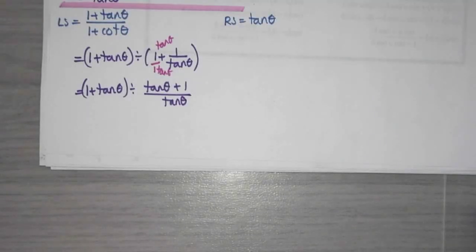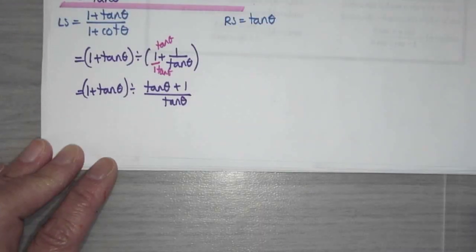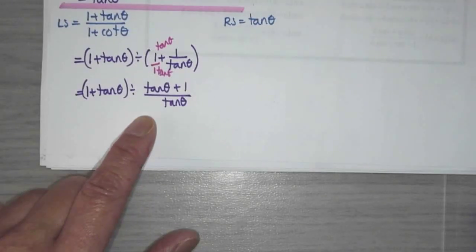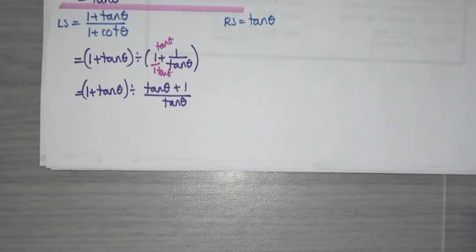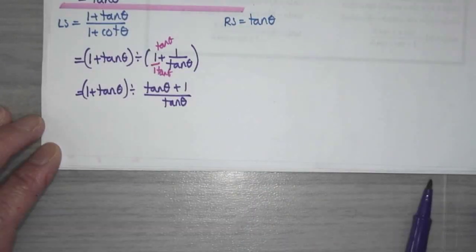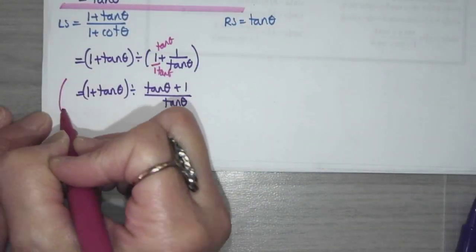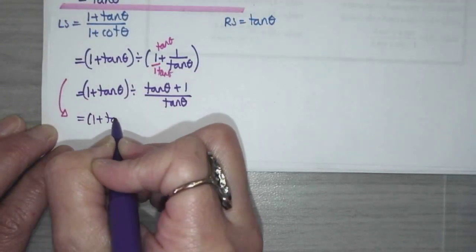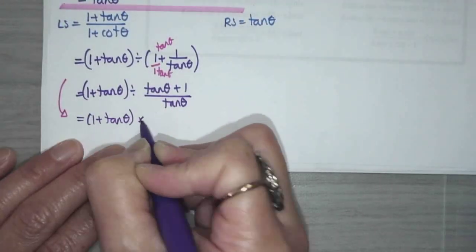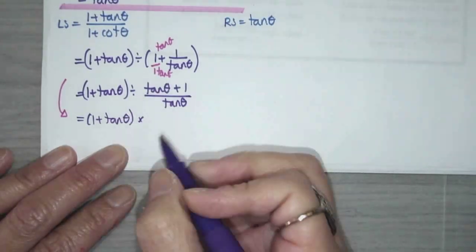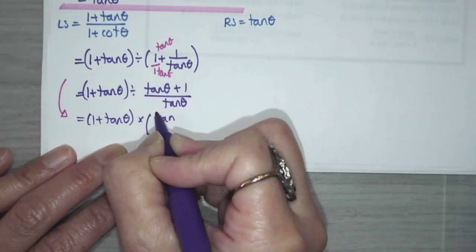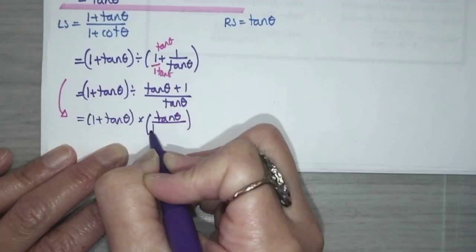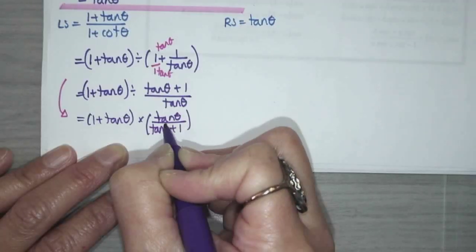All right. Division becomes multiplication. If you want to skip this step and change division to multiplication and flip it all at once, you can, right? And again, in grade 12, then you're more used to doing this. So you might have skipped this step and gone straight to this, which is totally fine. So this will be 1 plus tan theta times, you don't have to use the times symbol, you can use the bracket, but it'll be tan theta over tan theta plus 1.